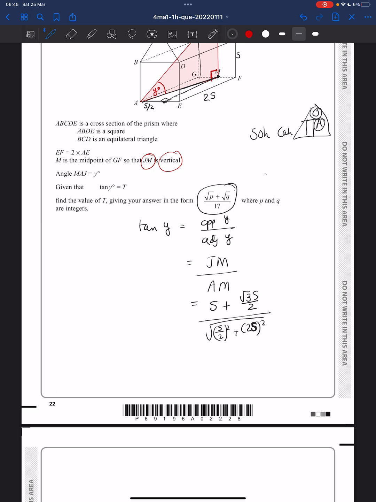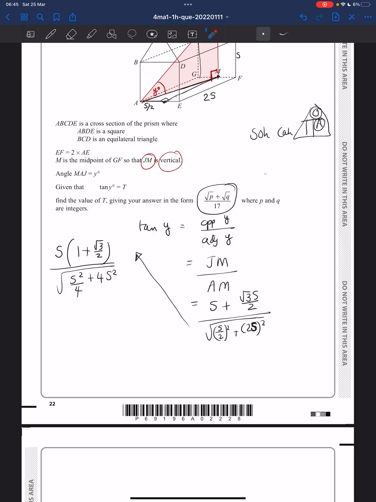That's an S. So on the top, we've got S times 1 plus root 3 over 2, factorised with the S. And then on the bottom, we've got the square root of S squared over 4 plus 4S squared. 2 squared is 4, and S squared is S squared.